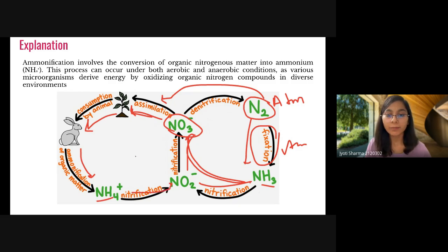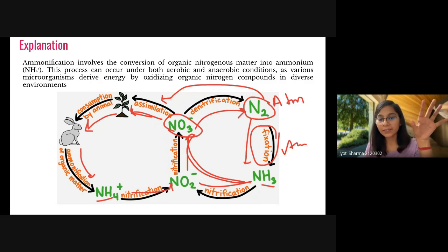And again we have some bacteria that can convert this nitrate into N2, and this process is denitrification. So just see, we started with the atmospheric nitrogen, that is N2. That N2 changed into NH3 and NO2 to NO3, because this NO3 is used by the plants.